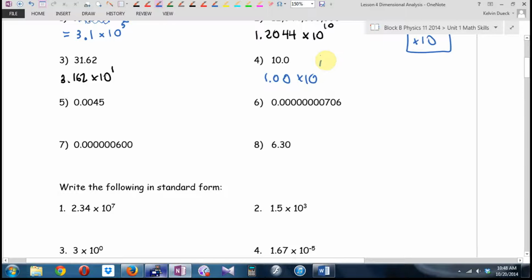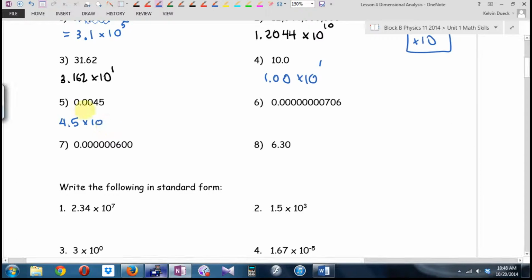All right, decimals. 4.5 times 10 to the, how do we show that numbers are getting smaller? The negative exponent, which actually means divide, but we're just going to use a negative exponent.